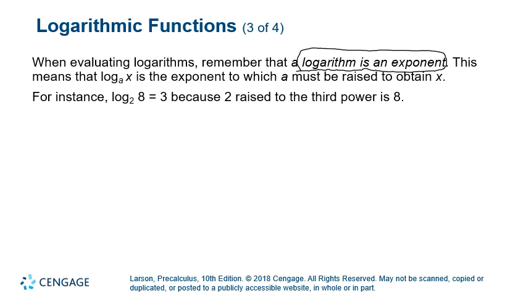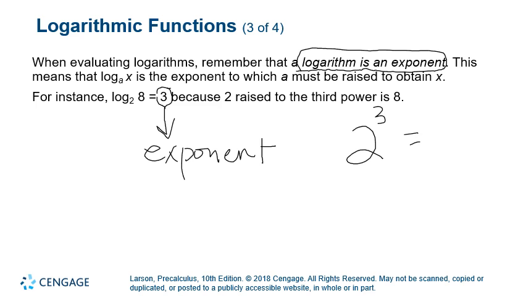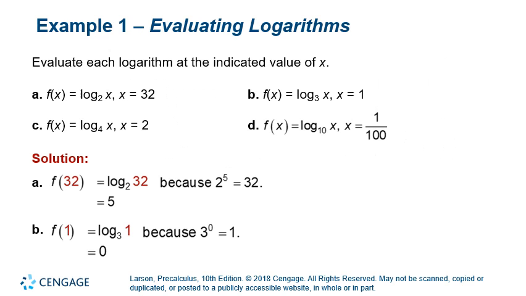So here you have this 3 is your exponent, because 2 to that power equals 8. So it's very, very important to remember that the result of a log is the exponent. That is the output.